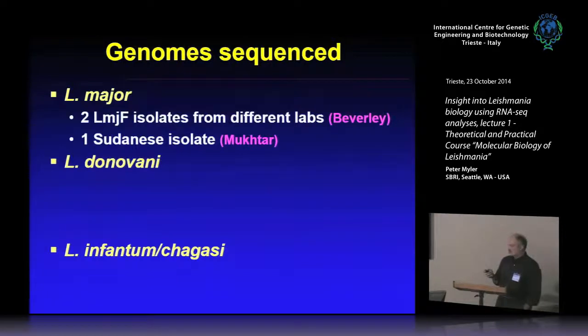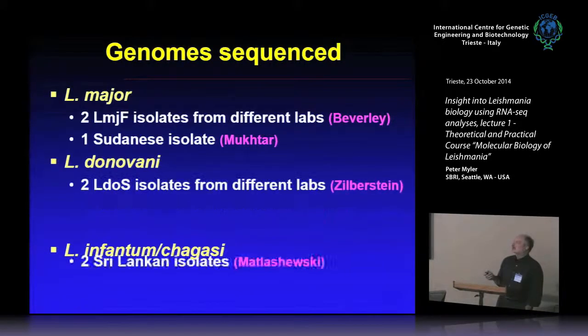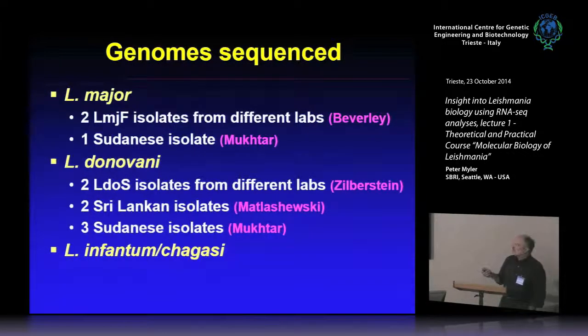We've also sequenced a Sudanese strain from Mohammed Mukhtar's lab. We've done some donovani that we're using in a collaboration with Dan Zilberstein, 2 Sri Lankan strains of donovani in a collaboration with Greg, and I'll show you a little bit of that in a moment, and then some Sudanese isolates.